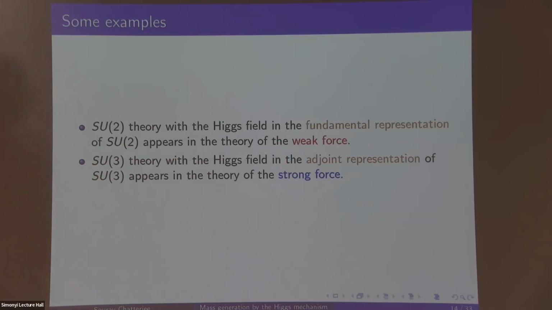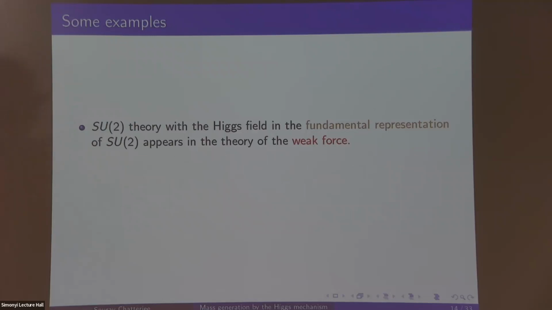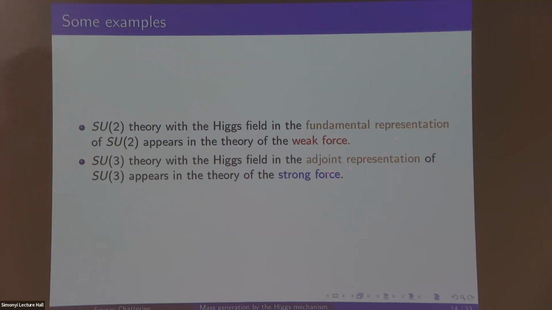And what do you use for the representation rho? Just a standard fundamental representation, in both cases. For SU3, the adjoint representation is for the Higgs. Who's choosing these things?